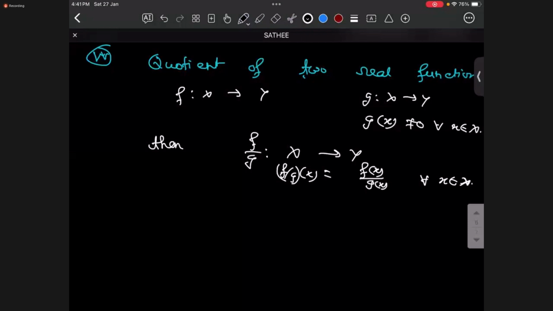So to get quotient of two real functions, whichever function is in the denominator must not attain the value 0. Okay. So let us do one example so that this thing gets some clarification.